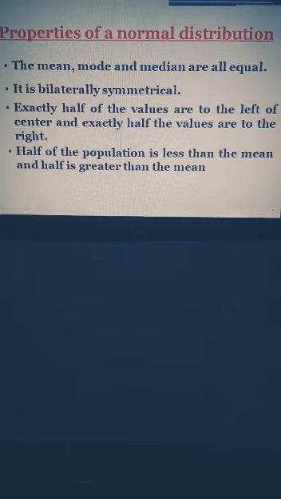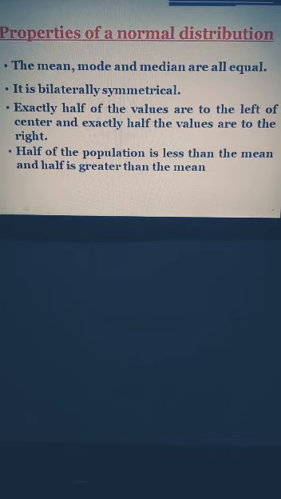Next are the properties of the normal distribution curve. In the normal distribution curve, the mean, mode and median are all equal and lie in the center. It is bilaterally symmetrical from both sides, just look at the diagram.